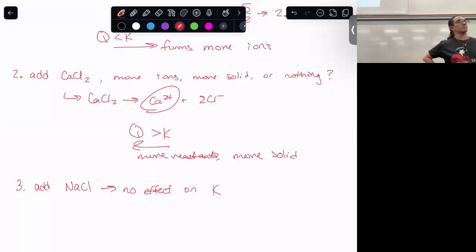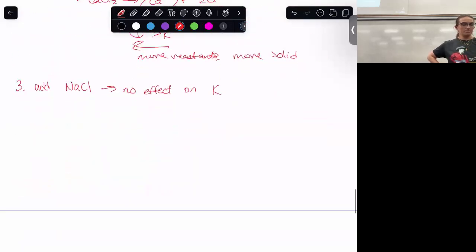Added more. Would that just increase? Dissolve. Iron. If you added more solid calcium iodide, I think that would cause more.